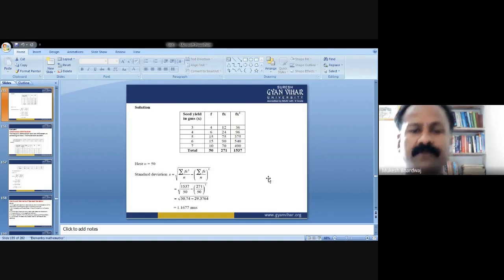I hope that you don't find any problem, because it is all in accordance with the formula. So you just create the table and create the values according to the formula, do the summations and put the values in the formula, do the calculation, take precaution while calculating, and finally you get the answer.